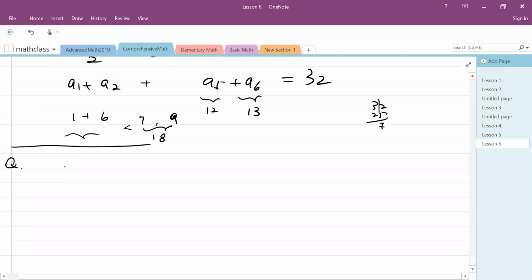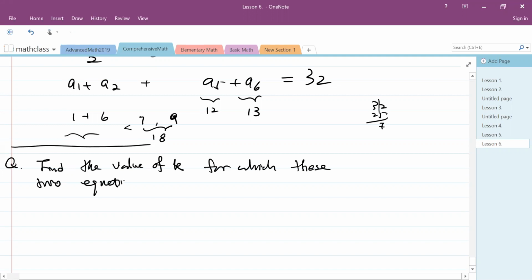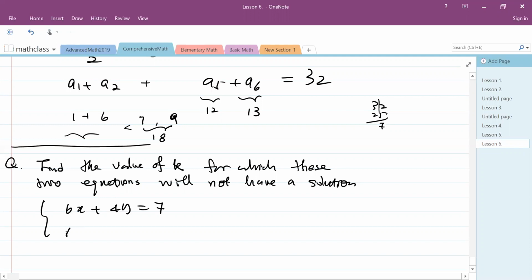So the last problem, we want to find the value of k for which these two linear equations will not have a solution. So we have 6x plus 4y equals 7, and kx plus 8y equals 7.